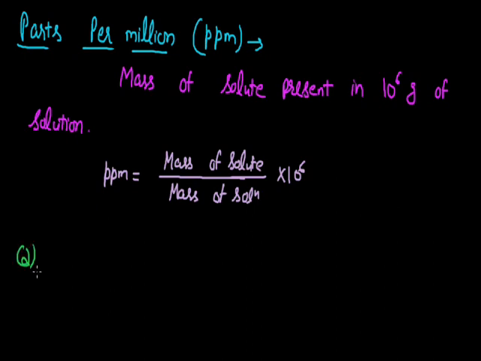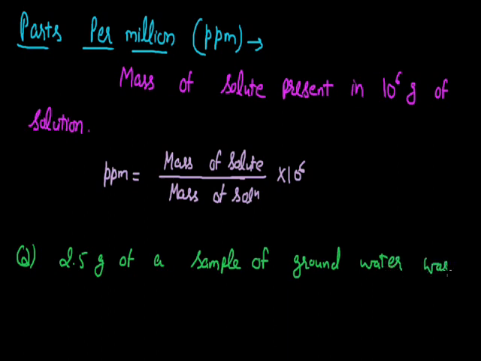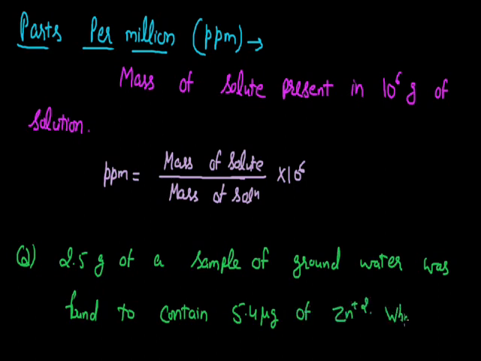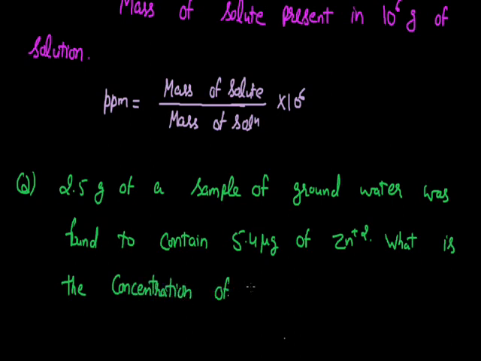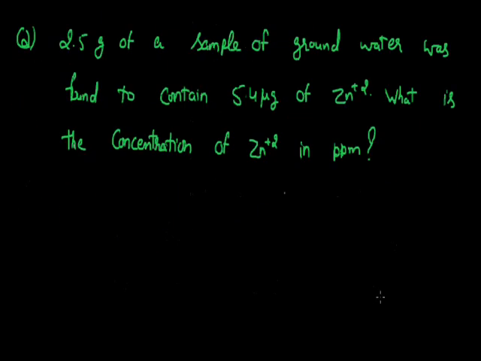Here a question is provided to us. A 2.5 gram sample of groundwater, which is working like a solution here, contains 5.4 microgram of zinc 2+ ion, and we are to calculate the concentration of zinc cation in parts per million.